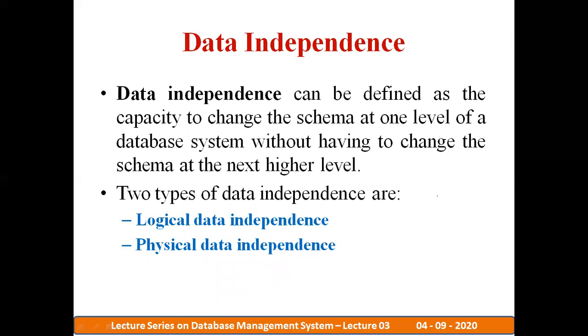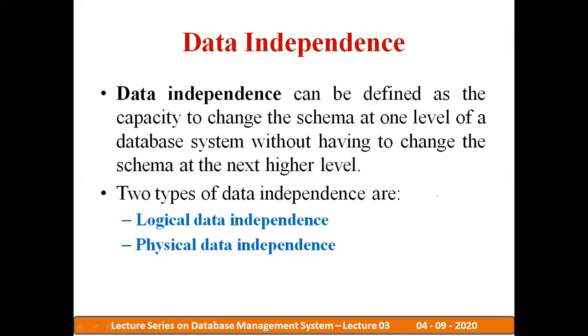That means if I change the schema at the internal level, it will not affect the conceptual level or the external level. Or if I change the schema at the conceptual level, it will not show in the external level.